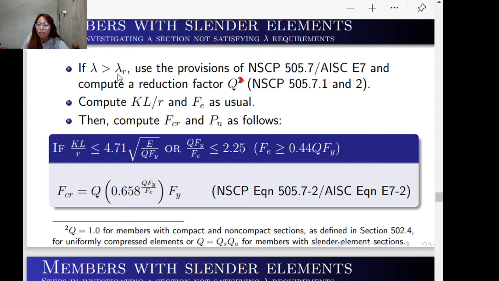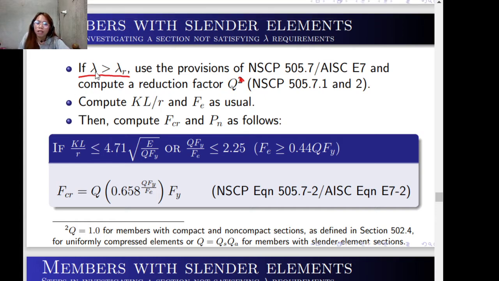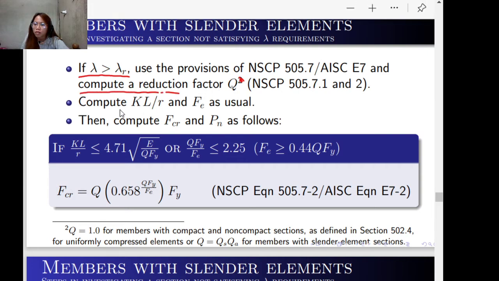If the width to thickness ratio is greater than this limiting width to thickness ratio, of course you have to compute the reduction factor, then compute for the KL over r.